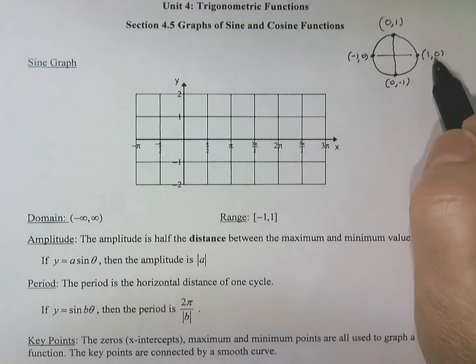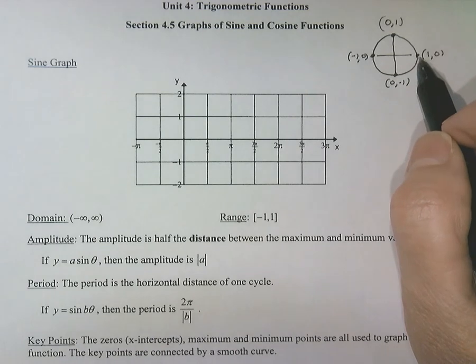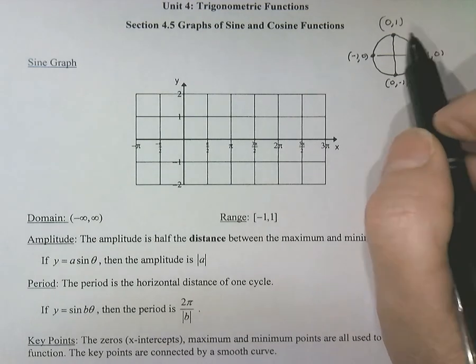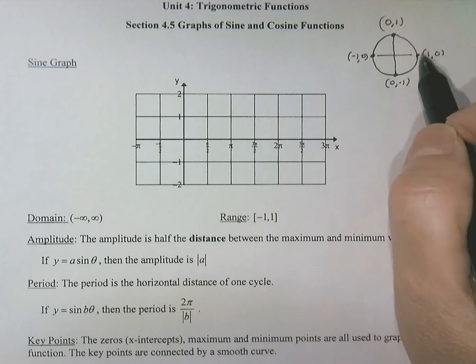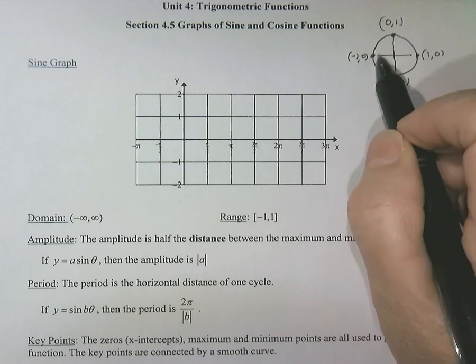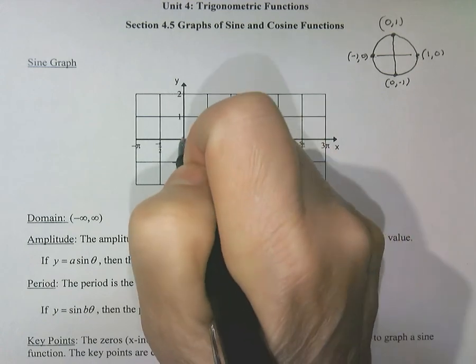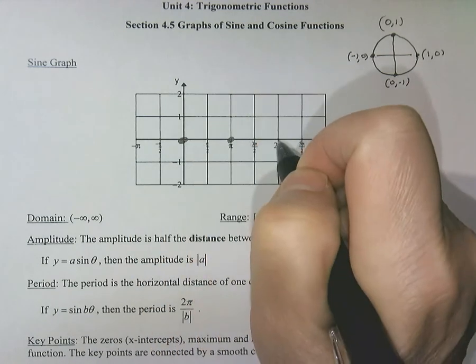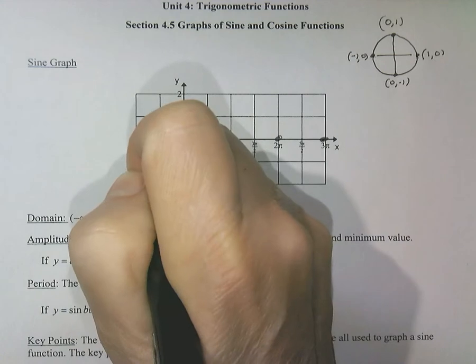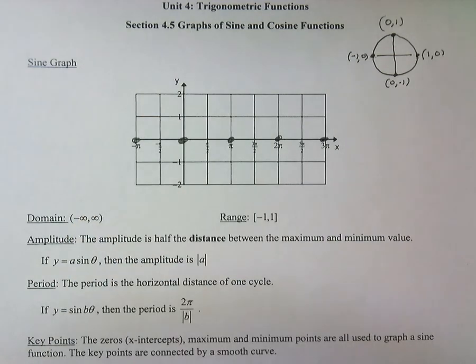So I notice that everywhere that sine is 0, pi, 2 pi, 3 pi, and so on. So all the multiples of pi, the sine value is going to be 0. And that keeps going forever. Whether you're going clockwise or counterclockwise, it doesn't matter.